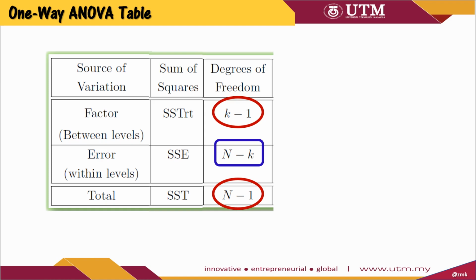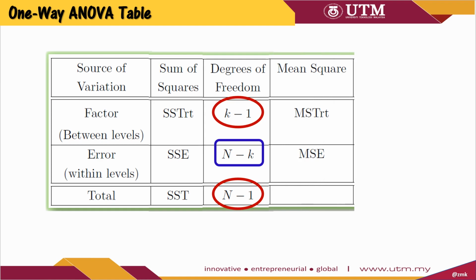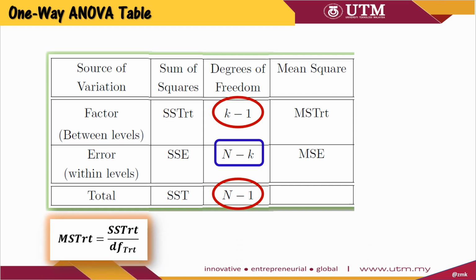Now the next column is very important, which shows the estimates of error variance called the mean squares. The first mean square is the treatment mean square denoted by MSTRT, obtained by dividing the treatment sum of squares SSTRT by the corresponding treatment degrees of freedom K minus 1.